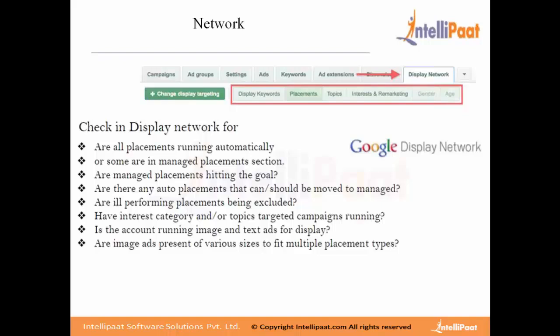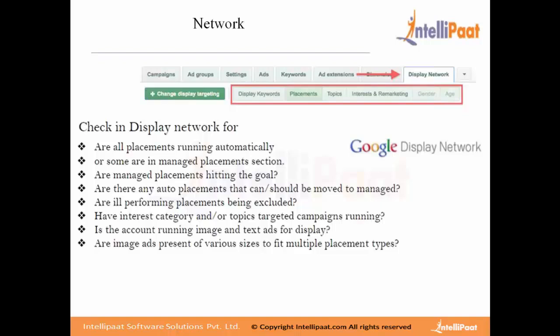Another thing is looking at whether there are any auto placements which can be or should be moved to managed. If there are ill-performing placements, are they being excluded or not? That's another thing. You can't really keep a non-performing placement. When we say placement, these are the websites where the ads appear for the advertiser.